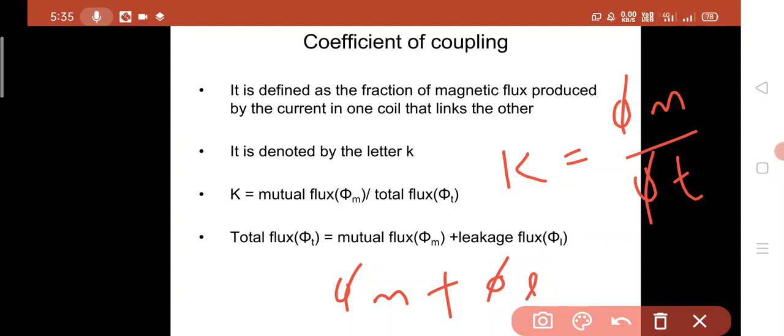Mutual flux is denoted by phi m, leakage flux by phi l, and total flux by phi t. K is the coefficient of coupling.